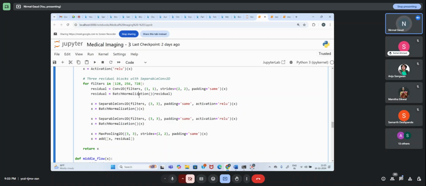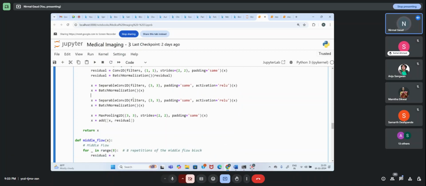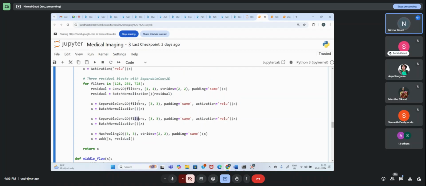Again, separable convolution is again a convolution only. There is no need to be tense about it. Don't get tensed. This is again convolution only. So I am having separable convolution with number of filters 128, then number of filters 256. That's what I'm having. With 3, I'm having 1 cross 1 striding, then batch normalization.